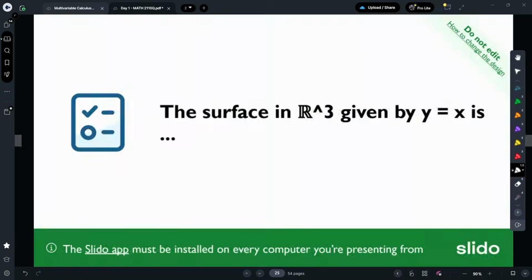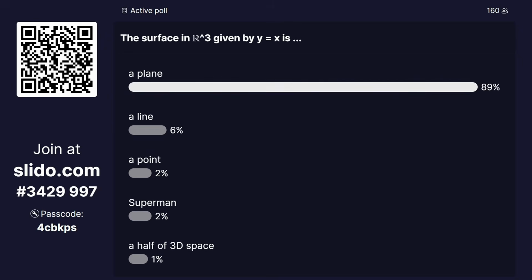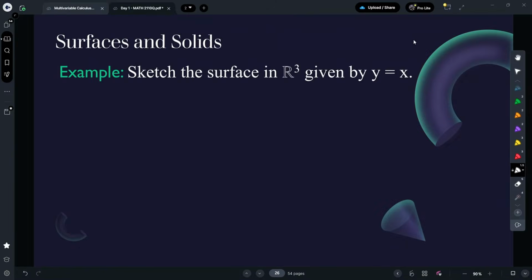Okay? The surface in R3 given by y equals x is a point, a line, half of 3D space, a plane, Superman? All right. It's points where x and y have to be the same quantity.